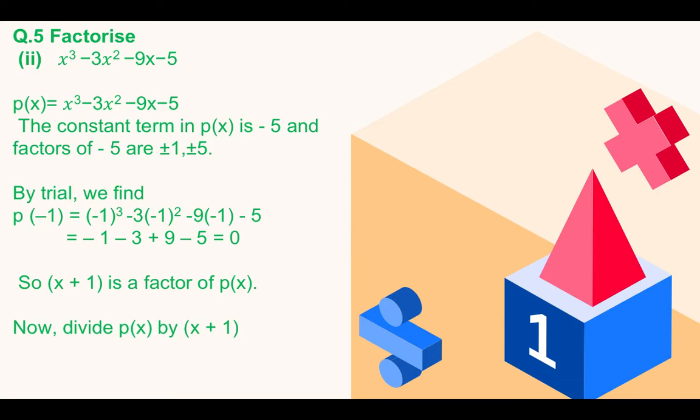It becomes a lengthy process. Therefore, to avoid this, we can do division. We will do polynomial division and find a quadratic equation as the quotient. Then we will factor the quadratic by middle term splitting.